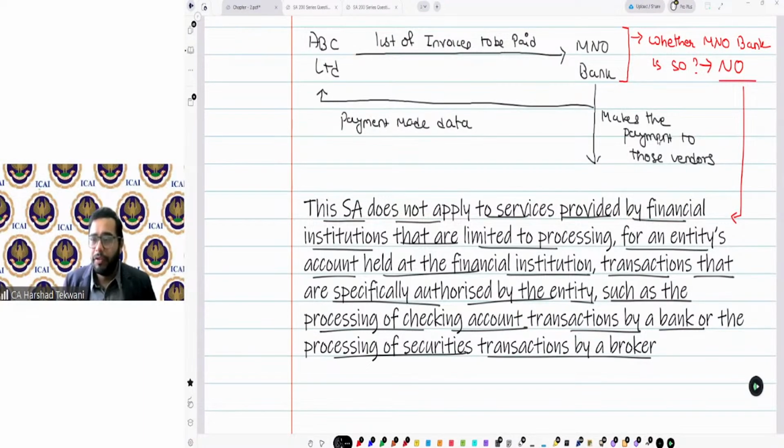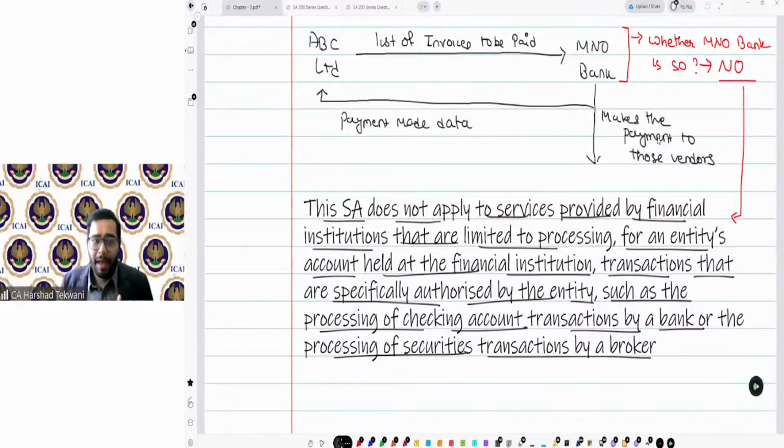That is providing you a service as a vendor. So there is a distinction between a service organization and a vendor that usually should not be blurred. There are not many vendors which will provide you a service that is required to be considered as a service organization.